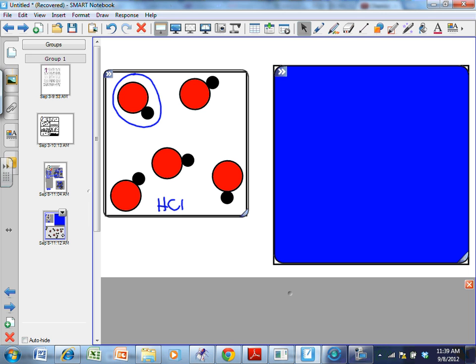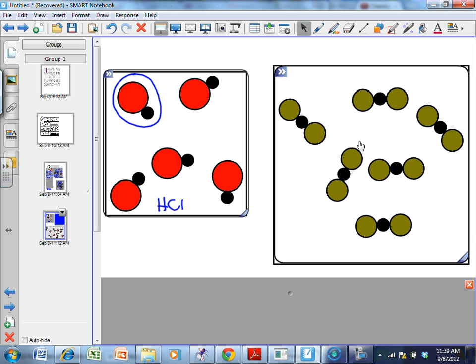Okay, let's look at the next one. Okay, so here is, again, all the molecules, each molecule has one black dot and two brown dots. They're the same as each other. This is a pure substance. It's a compound. It's not an element. It's not a mixture of elements. Each molecule that I've circled has the same ratio of black to brown dots.